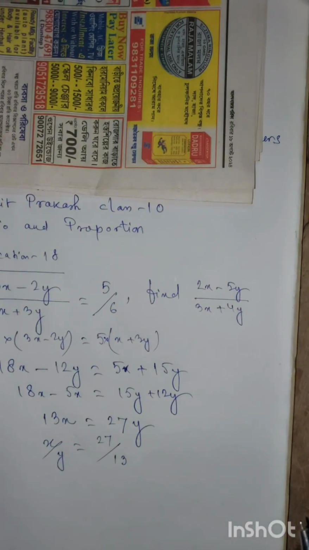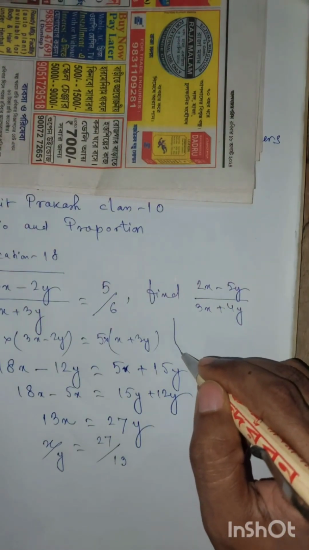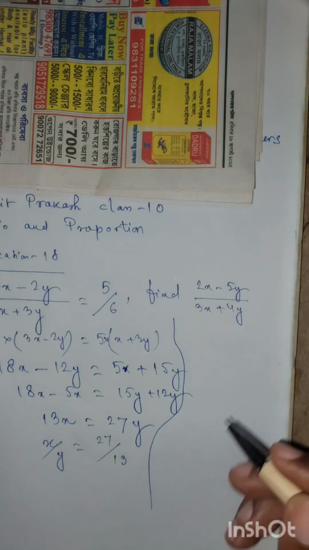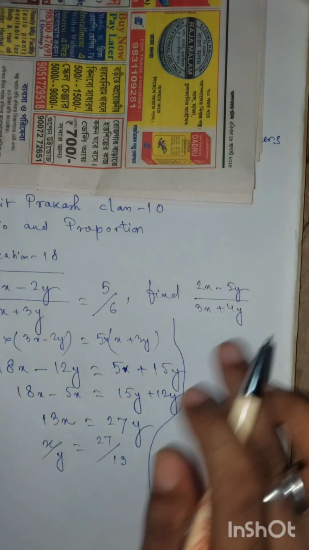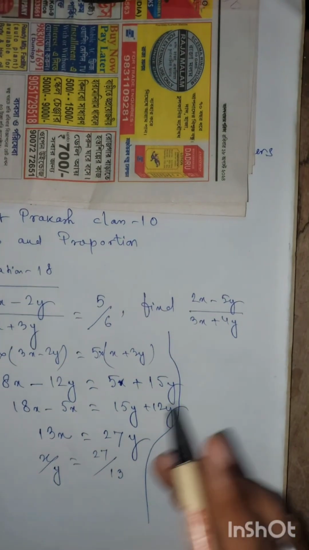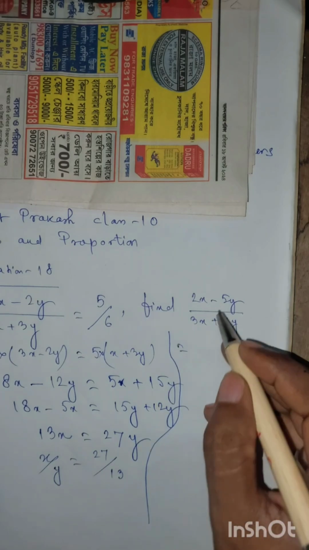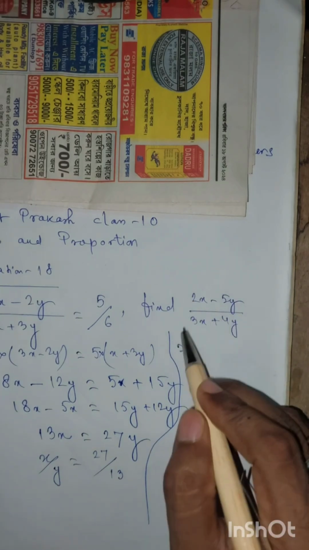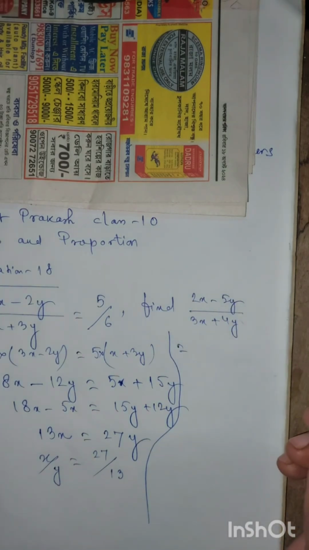Now the given ratio is this. We need to find out the value of it. Let us divide the numerator and the denominator by y.